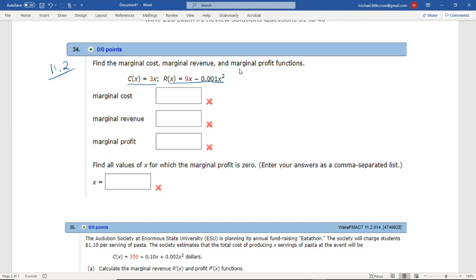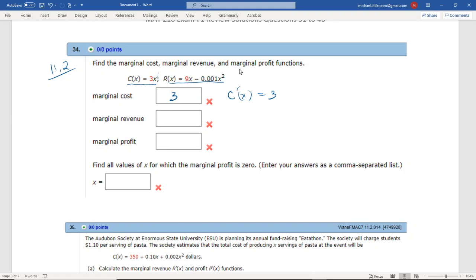Marginal cost is the derivative of the cost function. The derivative of cost is 3x, derivative will be 3. x to the 0, which is 1. So there's a 1 here, the 1 comes down, 1 times 3 is 3, x to the 0 is 1.